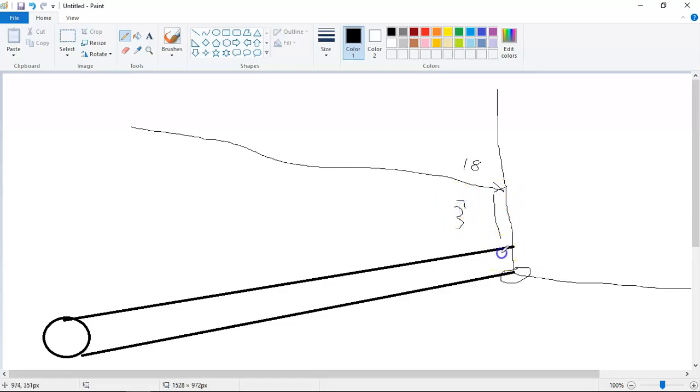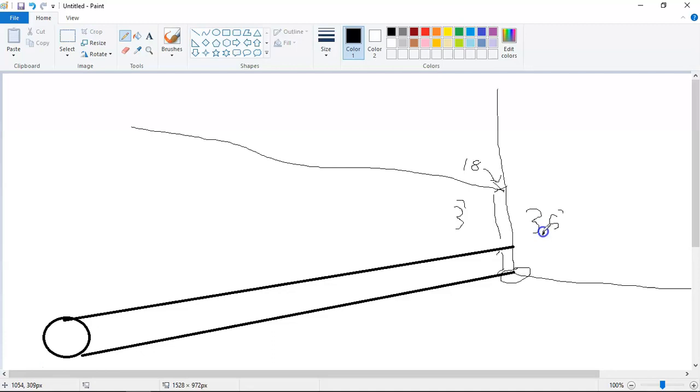And then we're going to have to go down the pipe thickness, which is probably going to be 4 inches, maybe 6 inches, maybe 3 inches. So you could do any value at least 3.5 feet lower than the starting elevation right here, or the ground elevation, I should say.